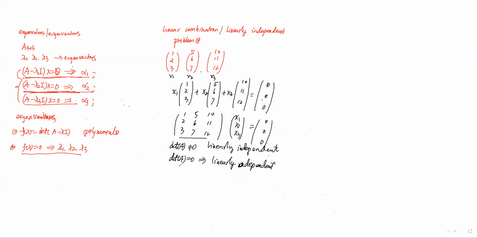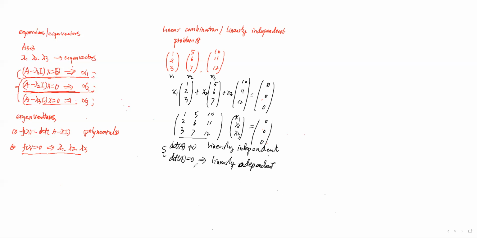So you may say, do I have to do this first? If the problem only asks you to say whether these vectors are linearly dependent or independent, you can use this method because you just compute the determinant. It's quite simple, right? Very easy.